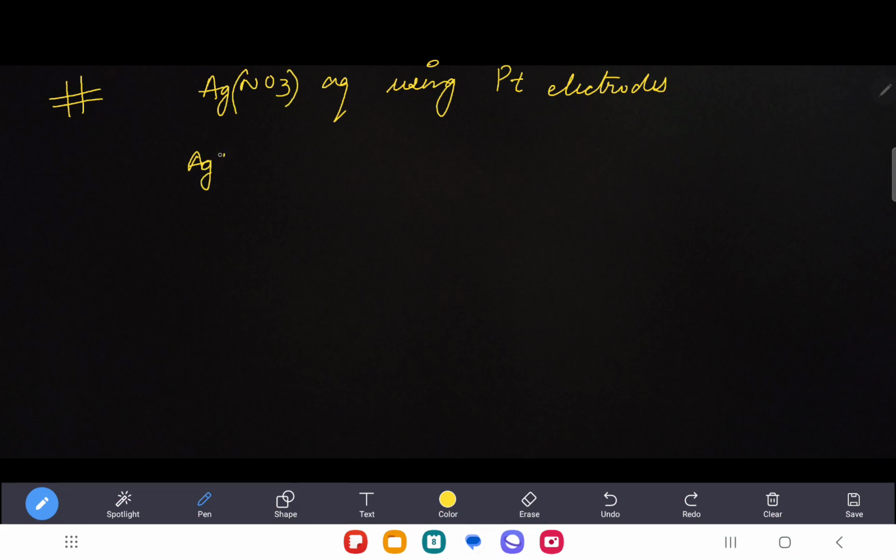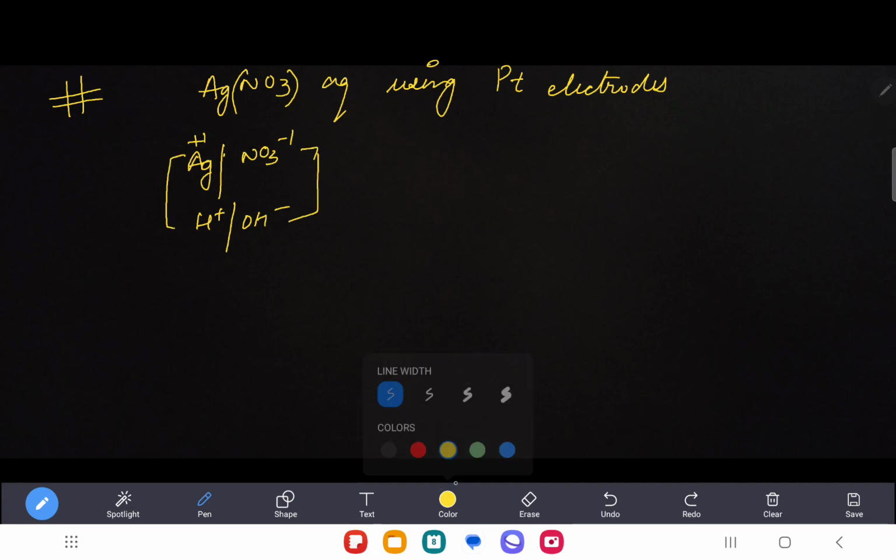AgNO3, NO3 रेडिकल है, और aqueous है तो पानी, तो अभी we have two cations and two anions to choose from. So what is the reactivity series?